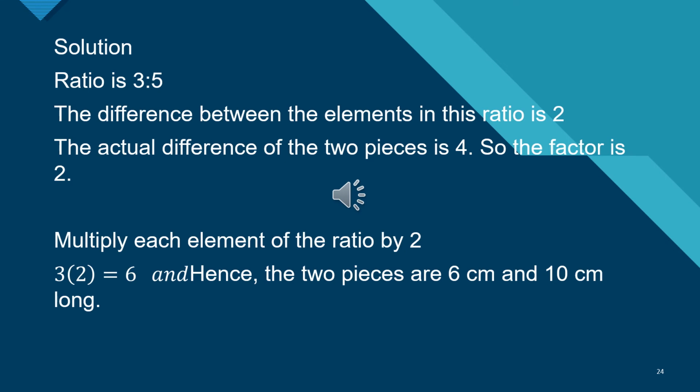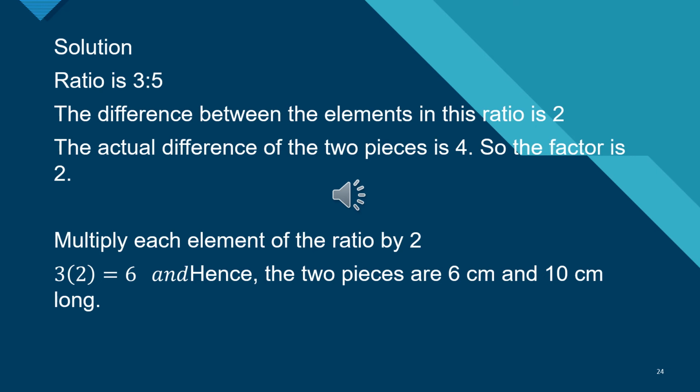Now with these two pieces of information, we can make use of the relationship, since we know that the other given is the difference of the length of the two pieces, and that is 4. We need to find first the difference of the two ratios. In this case, the difference of 3 and 5 is 2.